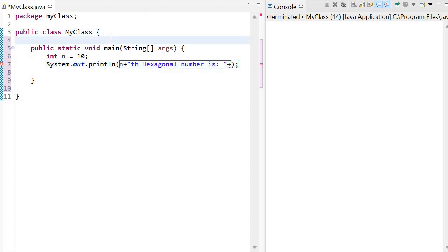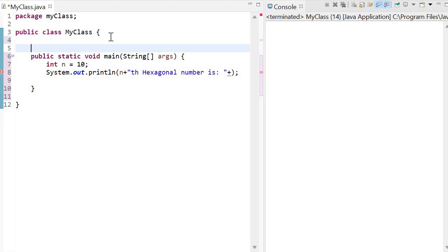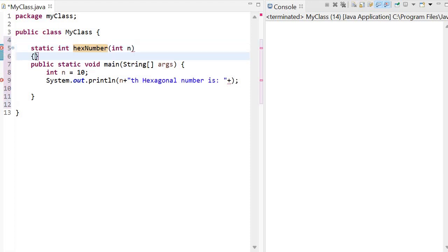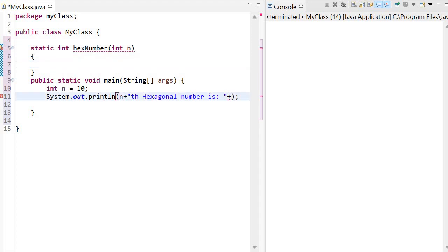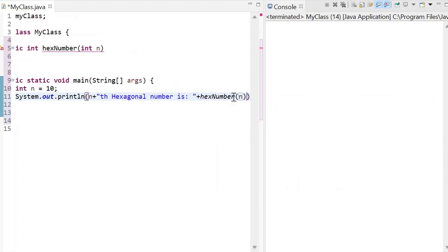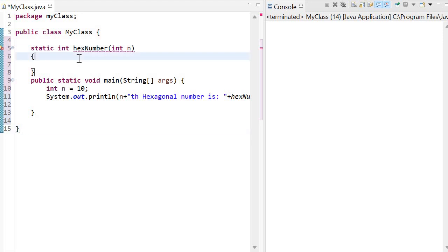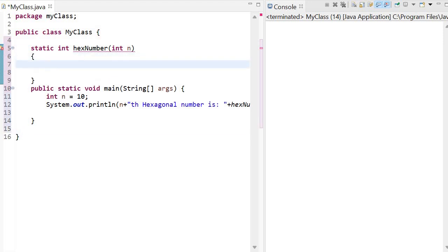I will create a method for it separately first of all, static hexNumber, and I will pass it a variable int n. In hexNumber, we will use the statement return n into 2 into n minus 1, as I told you the formula is.